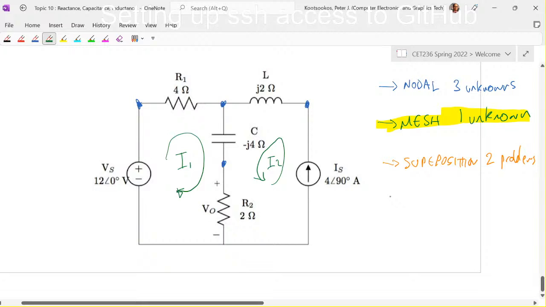Right, so I2 we can write down directly as 4 angled 90 amps.